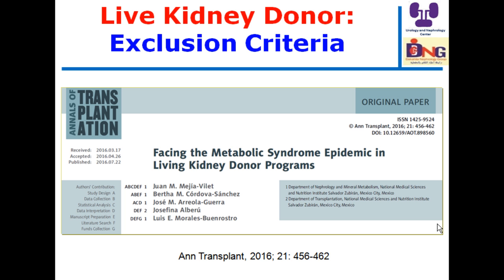This is a study that addressed the exclusion criteria. Again and again, we are stressing this issue. We should avoid accepting obese donors, diabetic donors, and live kidney donors with impaired glucose tolerance, because this will put them at risk for cardiovascular and end-stage kidney disease.